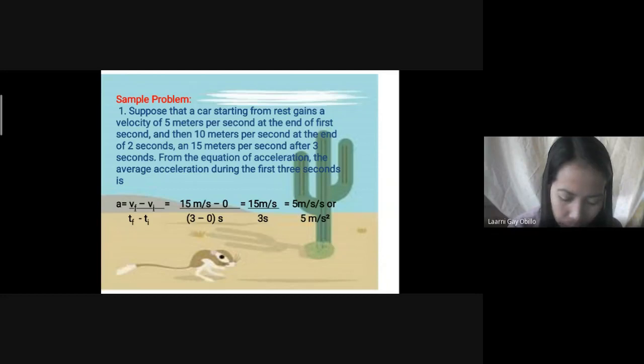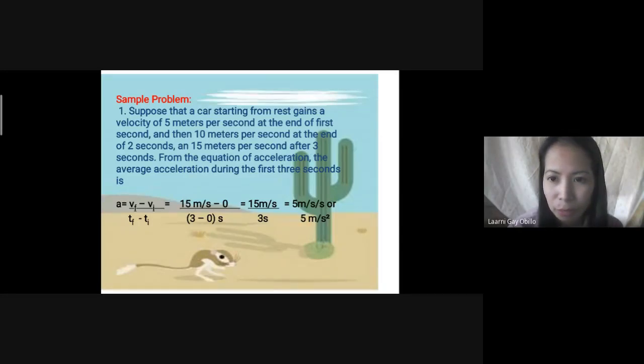Since yung car ay nag-start from rest, so ang kanyang initial velocity is 0. While the final time, that is 3 seconds. And then the initial time, since nag-start nga siya from rest, is 0. So, v sub f minus v sub i, so that is 15 minus 0. 15 minus 0, anong sagot?